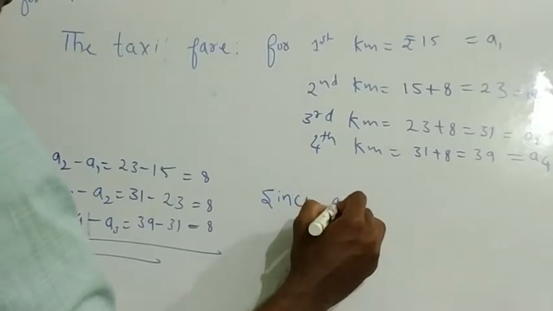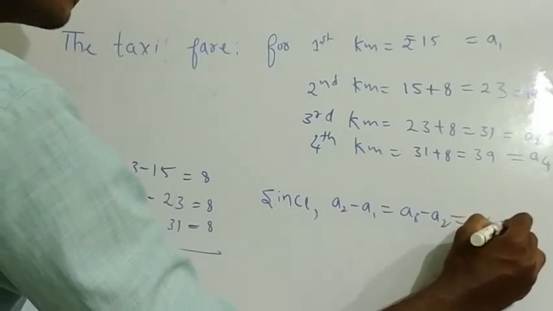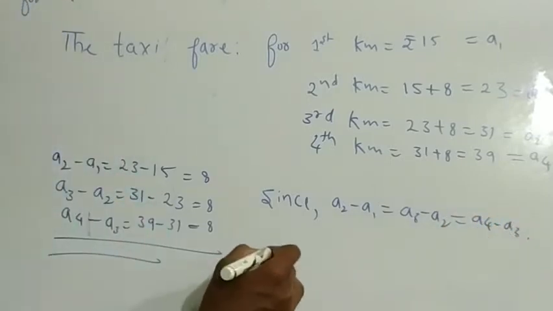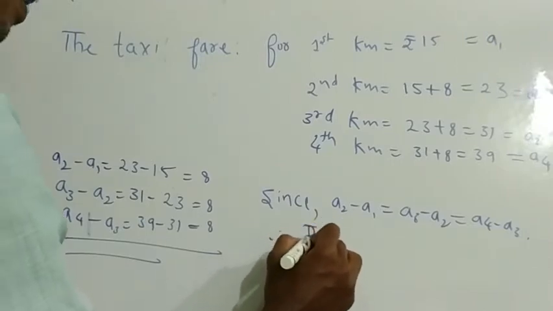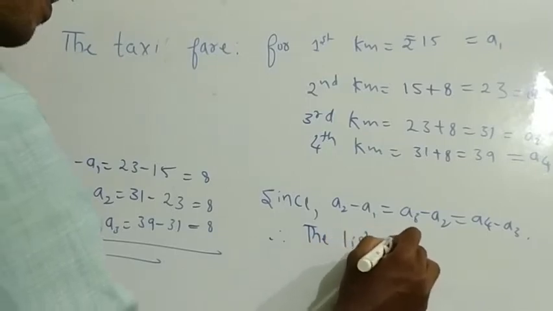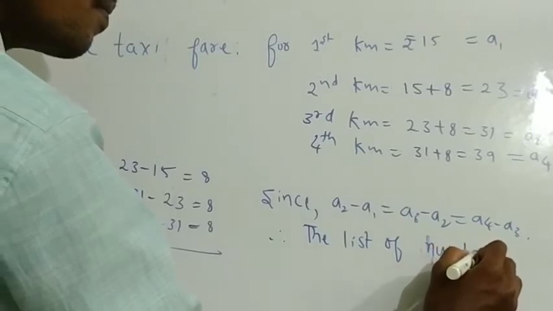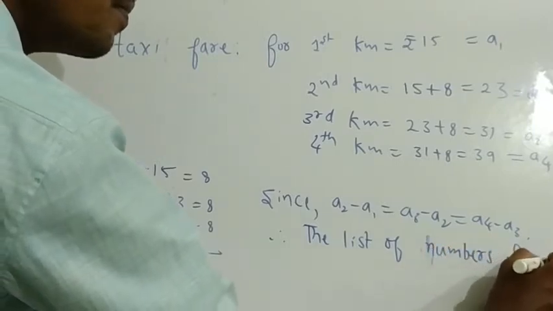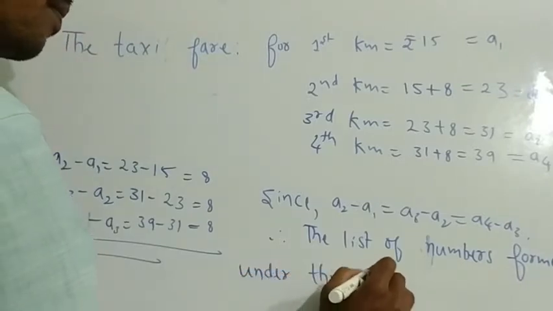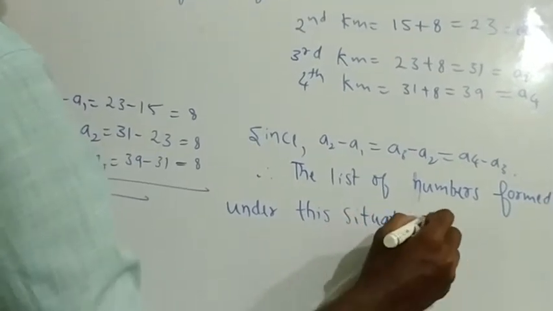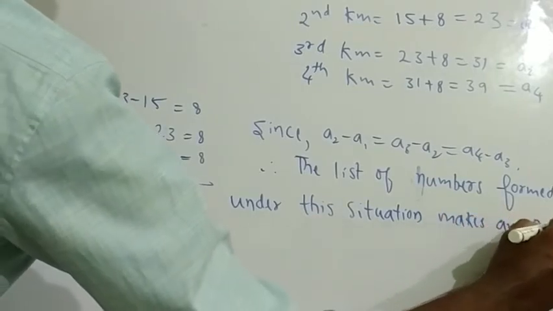Since A2 minus A1 is equal to A3 minus A2 is equal to A4 minus A3, therefore the list of numbers formed under this situation makes an AP, arithmetic progression.